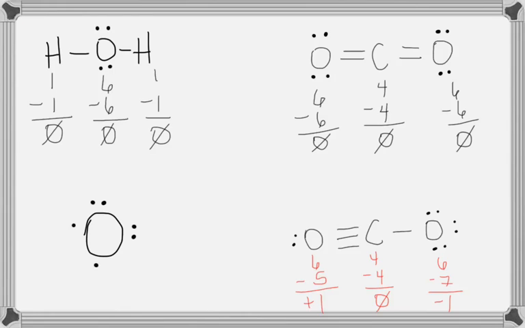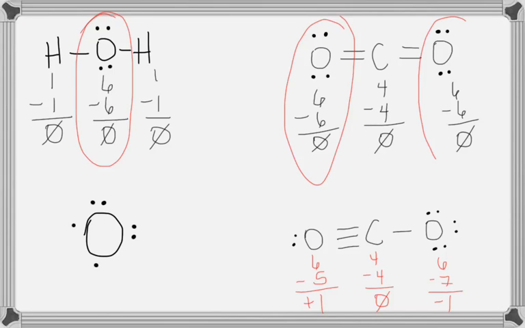Now, if you look at the structures that we've got up here, anytime oxygen formed 2 bonds, like right here in water, that's 2 bonds, right? It's not a double, it's a single and a single, that's 2 bonds. Here it formed 2 bonds. Here it formed 2 bonds. When it formed 2 bonds, its formal charge came out to be 0. But over here, when it formed 1 bond, its formal charge came out to be -1.